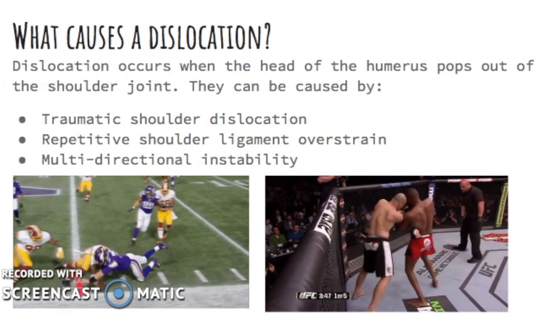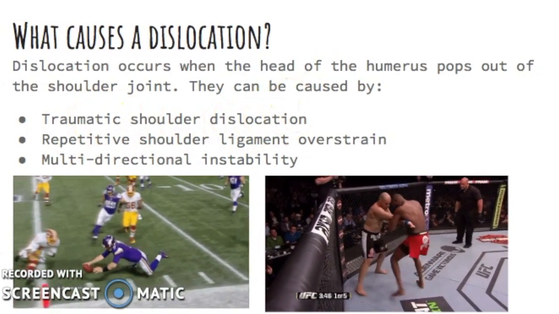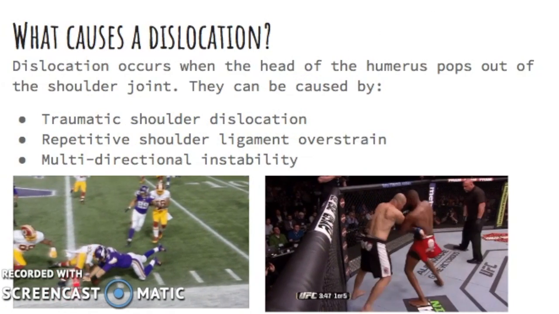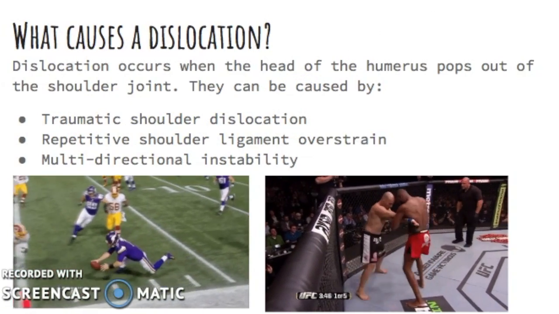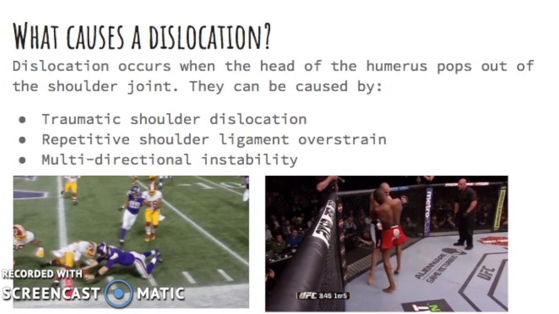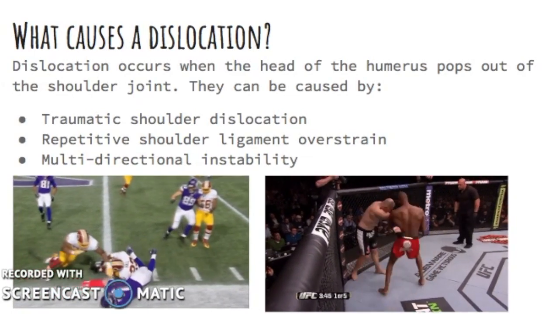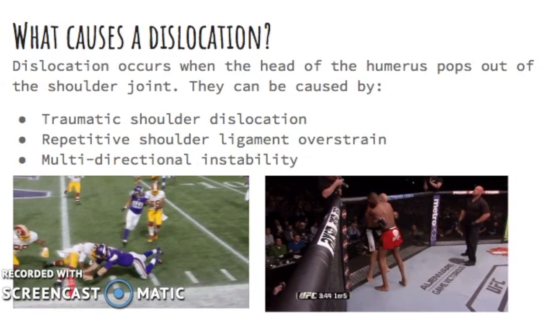The first cause is known as the traumatic shoulder dislocation, and this occurs when the shoulder is in a very awkward position and is dislocated with a very high speed, for example during a football tackle or maybe a very bad fall. The second cause is known as a repetitive shoulder ligament overstrain, and it occurs in people with looser ligaments.